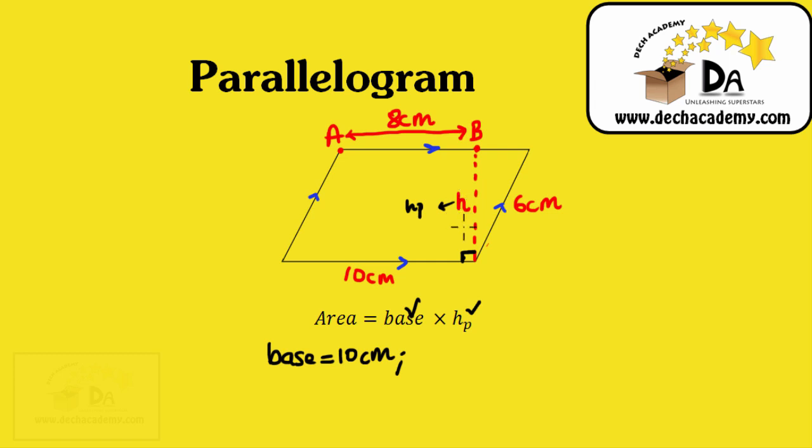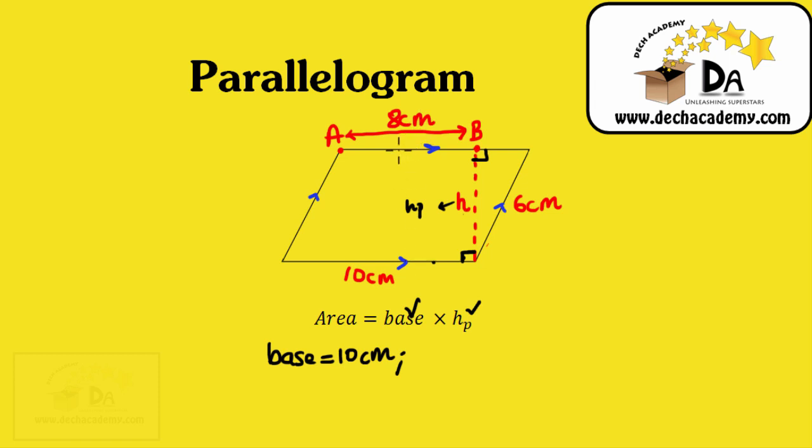How do we determine this height? Well, the height is unknown and you need to determine it. You need to notice that there's a right angle also formed here. Now, this side and this side are parallel. So a vertical line to this side is horizontal, and a vertical line is perpendicular to this side.